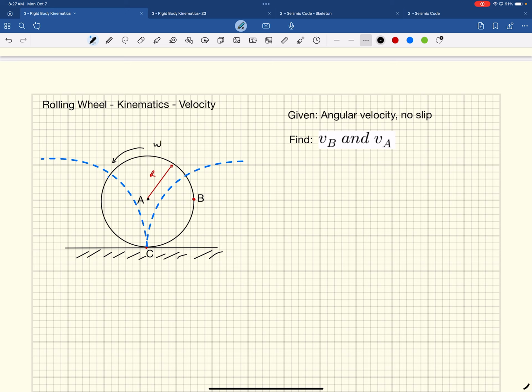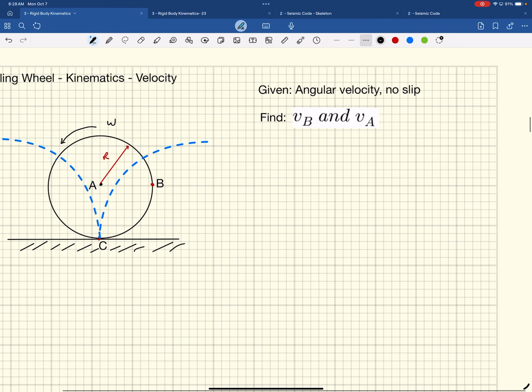So let's do VA first, right? And again, it's really nice. You start at a point that you know something about. I know the velocity of point C is 0.